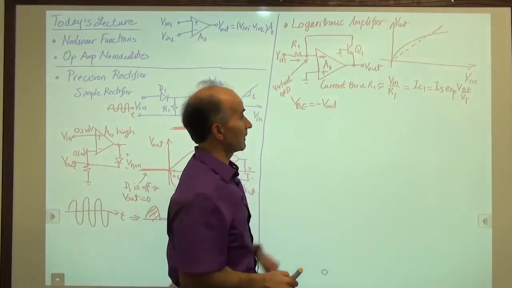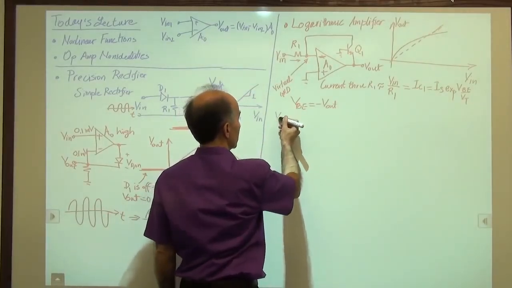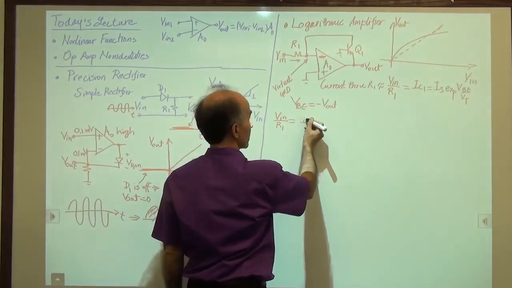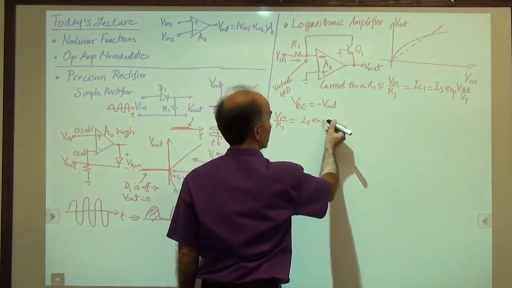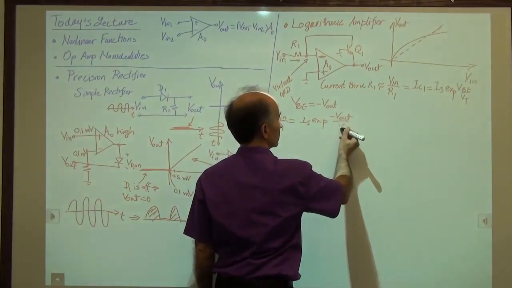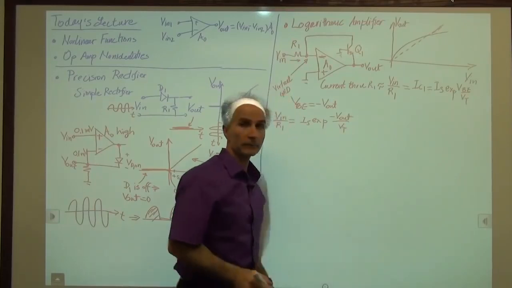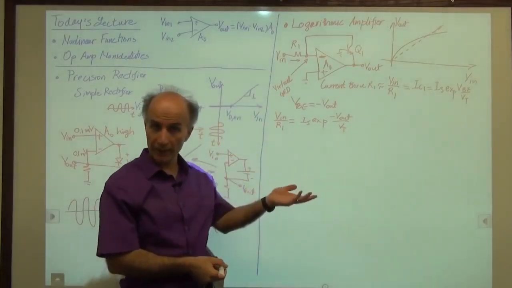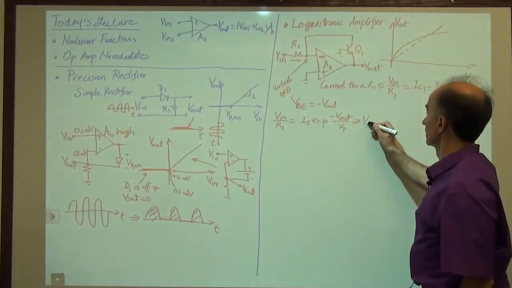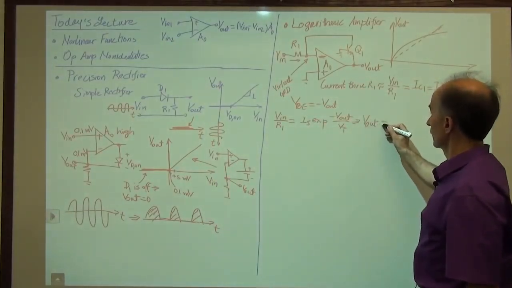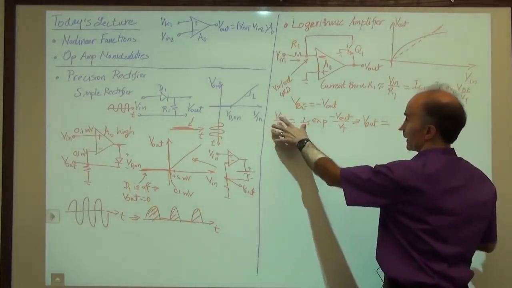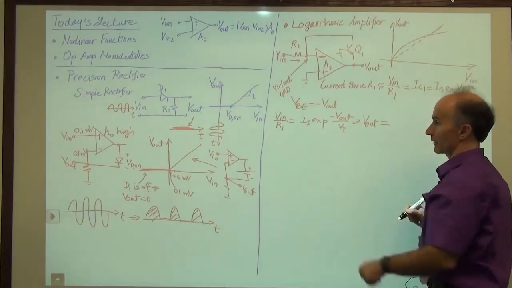Okay, so now we combine these results and see what we get. We have Vin over R1 is equal to IS times exponential of minus Vout over VT. And now we can find Vout in terms of Vin. So we see that Vout is equal to: divide by IS, take log of both sides, multiply by VT, multiply by minus 1.